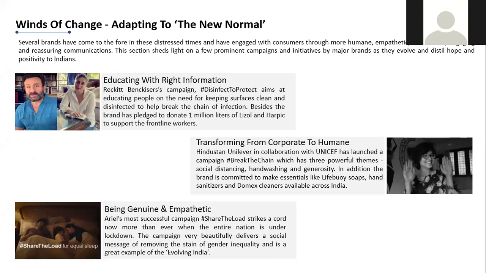The second thing is, from a corporate image, become human, be empathetic, understand what consumers are going through, understand the shifts that are happening and how consumers are trying to change to it. Because only when you come across as a human brand will consumers take to you. So Hindustan Unilever, the largest advertiser in the country, in collaboration with UNICEF, launched a campaign called hashtag Break the Chain, which talked about three key things: social distancing, hand washing, and generosity.